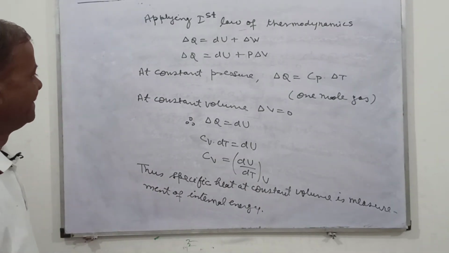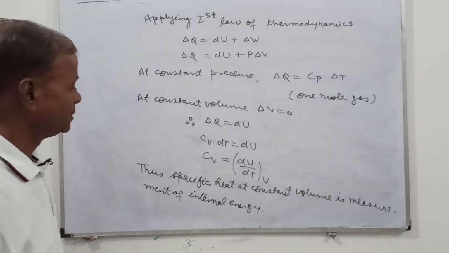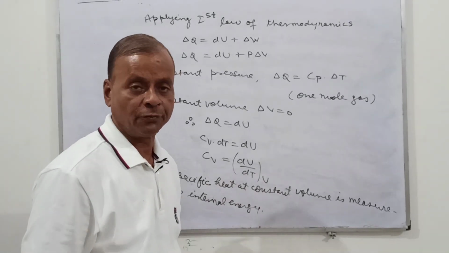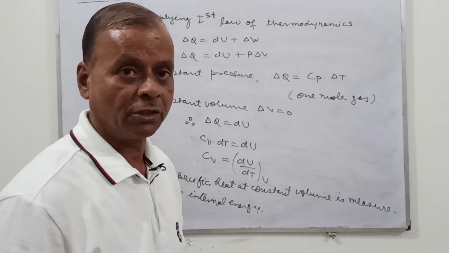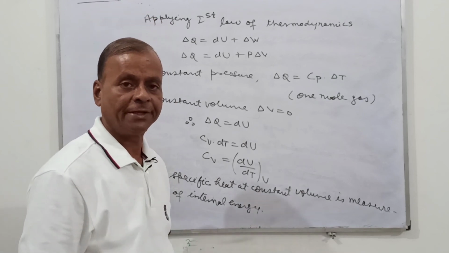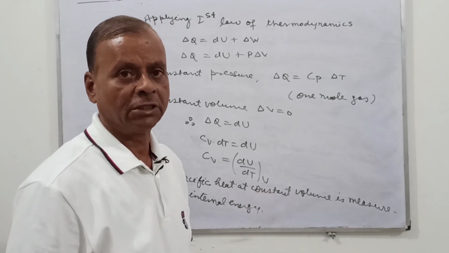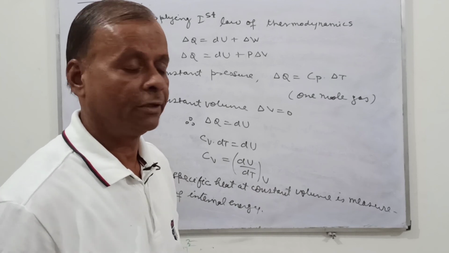So now you can see that the value of Cp is always more than Cv. So now we shall derive another important relation called the Mayer formula.